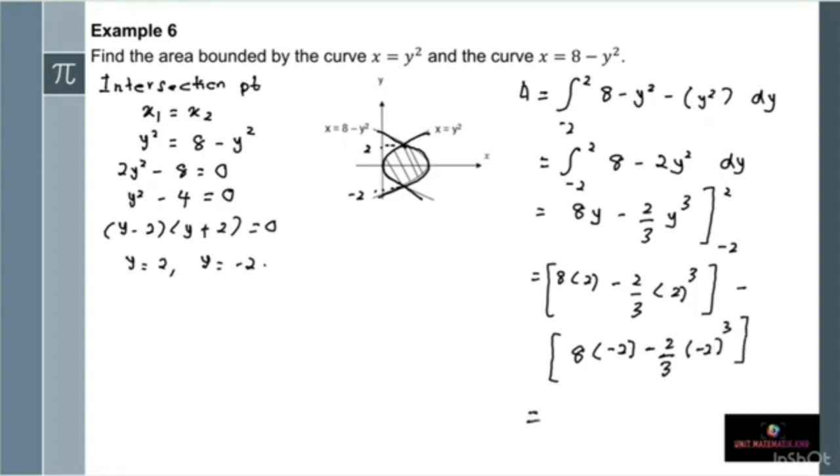Press your calculator carefully and you should have 64 over 3 units squared. That is example 6.